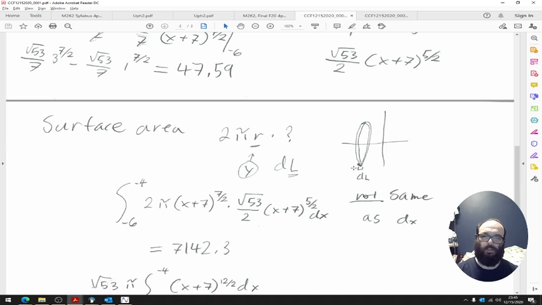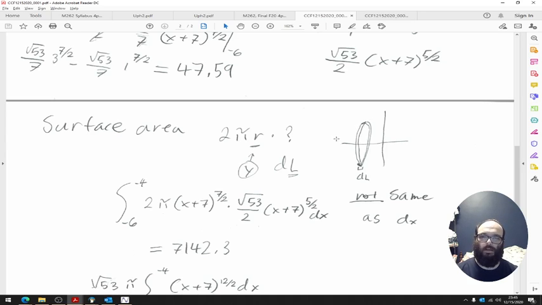If we get down to really tiny, really thin slices of our new surface, we're taking the circumference of each one and multiplying it by the thickness, just like measuring the side of a cylinder. Because it's not a cylinder, it has to be our dL, it has to be our arc length.